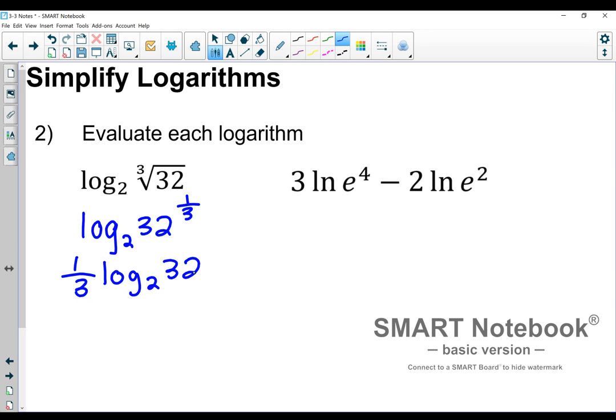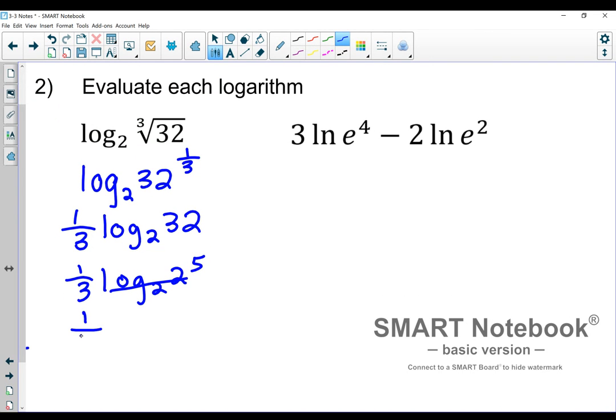And I know that 32 can be written as 2 raised to the 5th power. And when I have log base 2 of 2, I know that I'm just going to be left with 5. You don't have to cross it out again. It's just some of those weird things I do that help kids remember. But we have a property that says when it's base 2 and then this base is 2, we're just left with that exponent 5. And then 1/3 times 5 is 5/3.